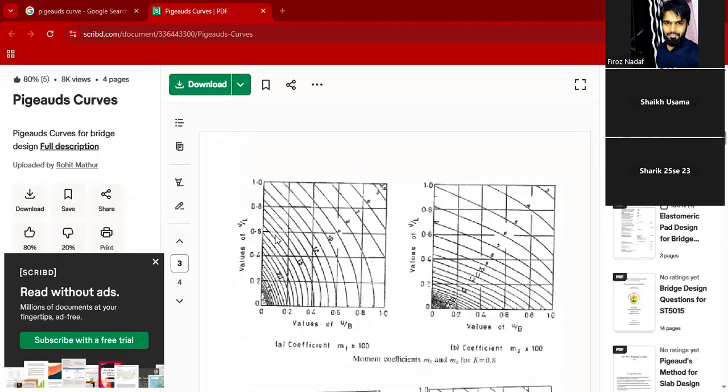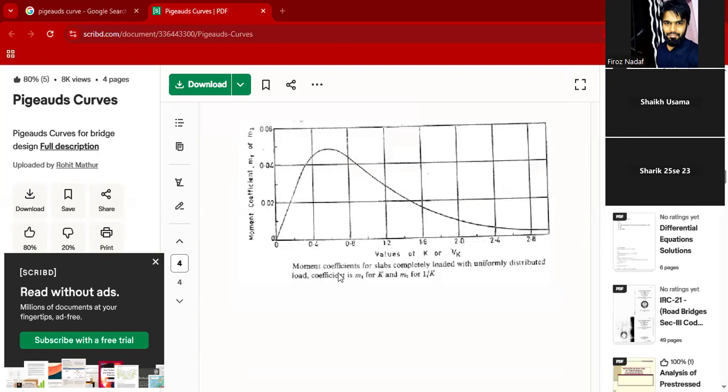Okay, this curve you need to refer. Here they have written the moment coefficient for slab completely loaded with a UDL. The nature of the dead load is UDL, and you need to refer to this curve to find M1 or M2.